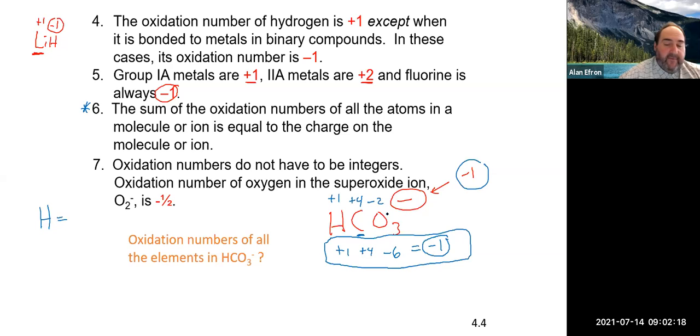The -6 came from the contributions of each of the oxygens. There are 3 oxygens, and each oxygen had a -2 oxidation state. If we add up all of the -2s from the 3 oxygens, that's where the -6 overall came from. Other questions on that?